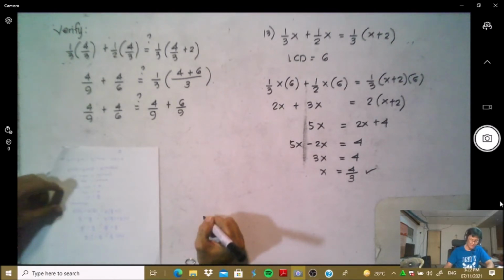So let me check. 1/3 times 4/3 plus 1/2 times 4/3 equal to 1/3 times 4/3 plus 2. 4/9 plus 4/6 equal to 1/3 times 4/3 plus 1/3 times 2. So 4/3. 6/9 is equal to 2/3.